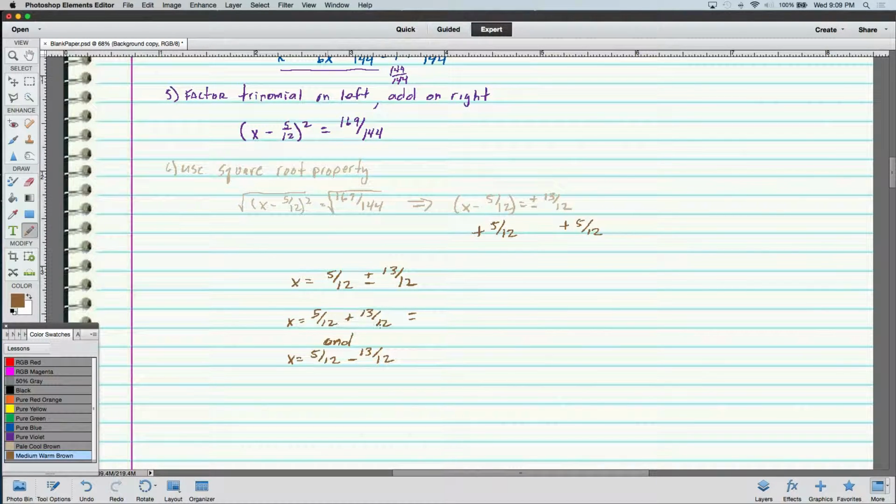Simplifying these two, we have the same denominator, so we can just add the numerators. That gives us 18 over 12, which is the same thing as 3 over 2. And here we have negative 8 over 12, which is the same thing as negative 2/3. So writing it as a solution set, we'll have negative 2/3 and 3 over 2.